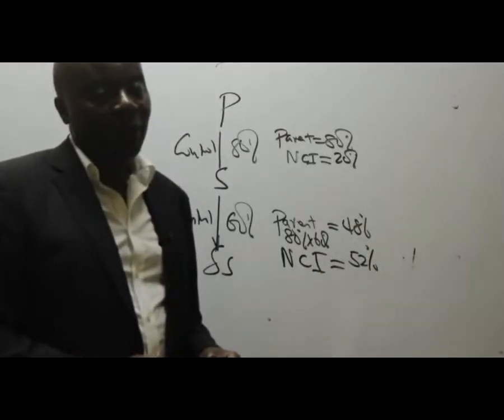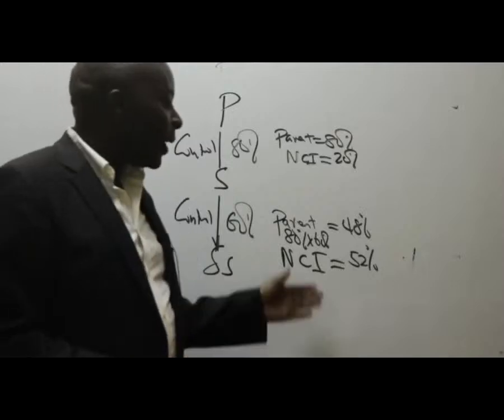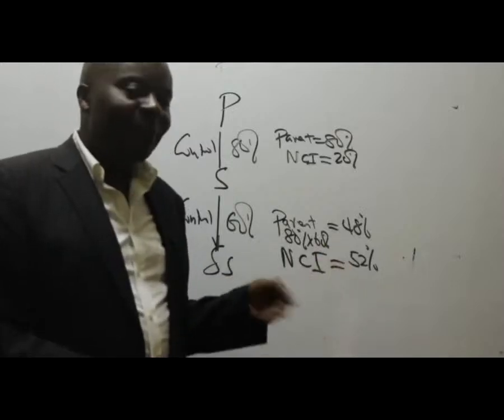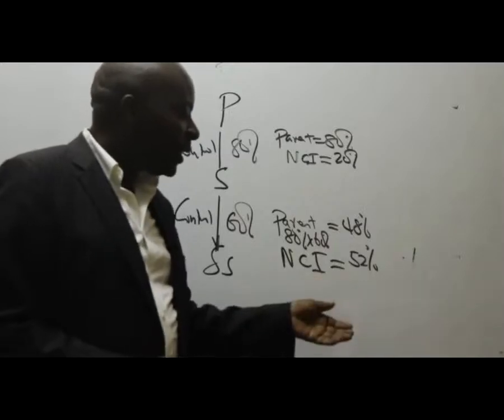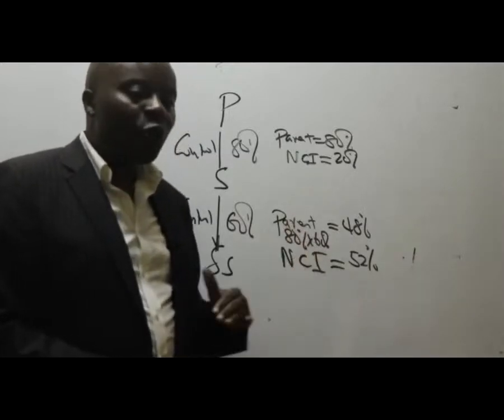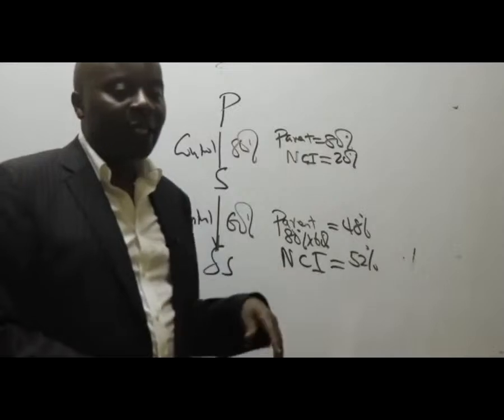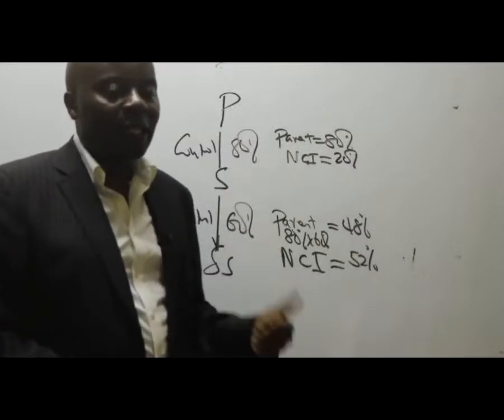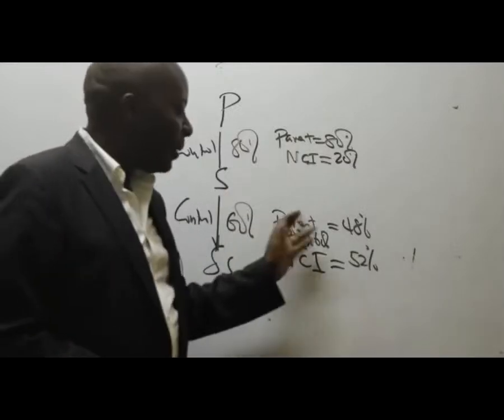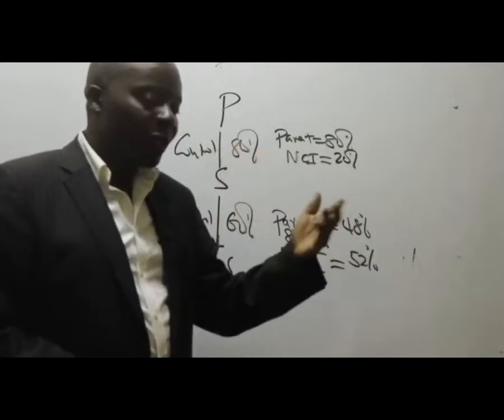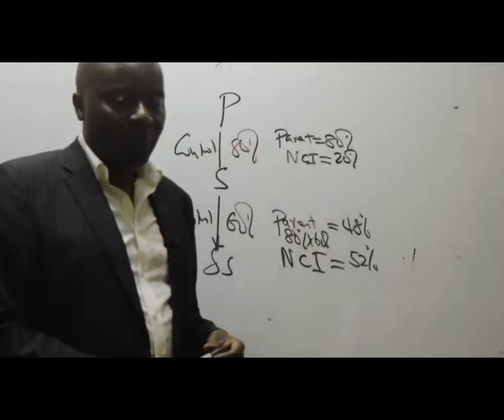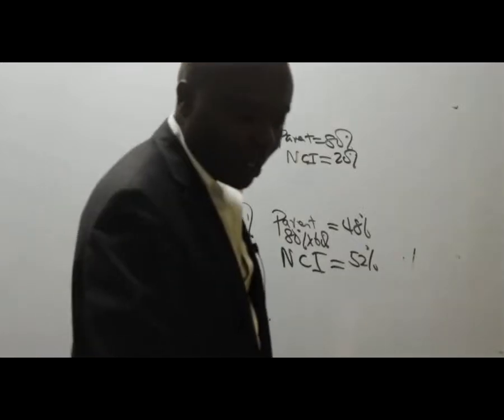And now you'll get somebody making an argument: how can NCI have a bigger share? It's possible. This 52% will be spread out to so many shareholders, for example, such that each shareholder will have an insignificant amount, giving the parent superpower status. Now, ladies and gentlemen, listen to me very well.